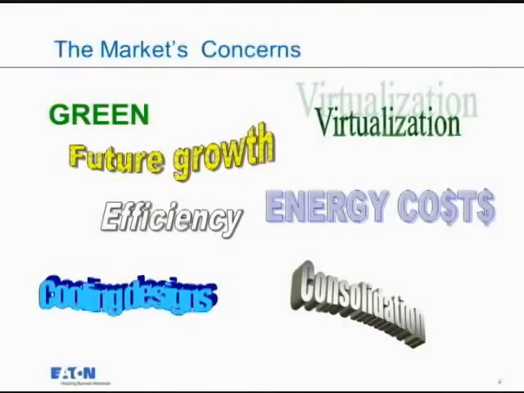So the world has now changed to where it's no longer, let's just put it in and we'll worry about the power in the after. Today it's, okay, let's worry about the power up front because that's our number one cost impact. Let's worry about efficiency. Let's worry about green. And this isn't just in the power, it's throughout the entire marketplace in the world we live in today about optimization. Consolidation.